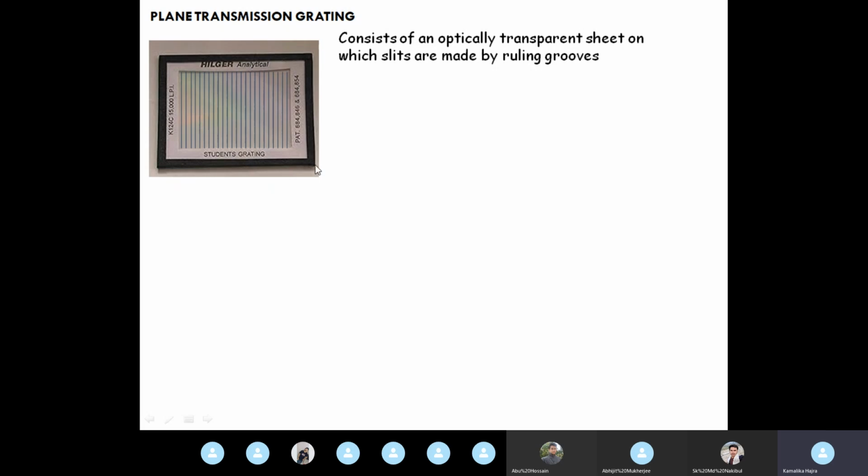Now, since this is a transparent material, the moment the grooves are etched, those positions of the grooves become opaque to light. So these grooves act as the opaque spaces, and the spaces in between them form the transparent spaces that let the light pass through, and so these are the slits. It is typically like this that a grating is made: a plain glass sheet on which straight lines are etched very close to each other.